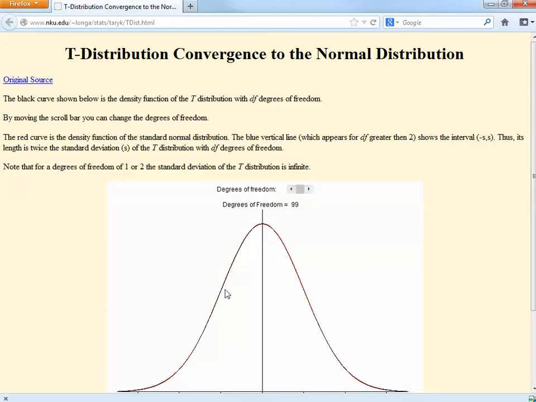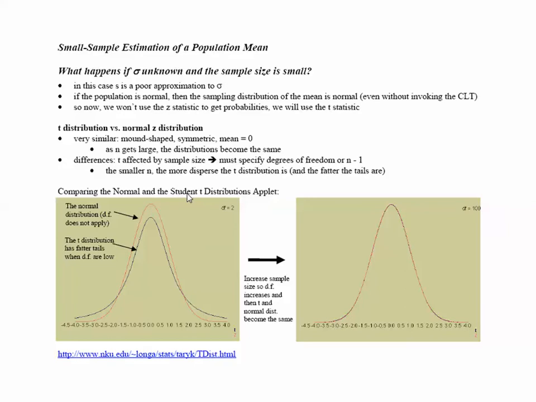And we can see that it approaches the red line. So that is the difference between a t distribution and a z distribution. Once again, to summarize, the t distribution tends to have fatter tails, it has a lower peak, but as the sample size becomes larger, the t distribution becomes the z distribution.